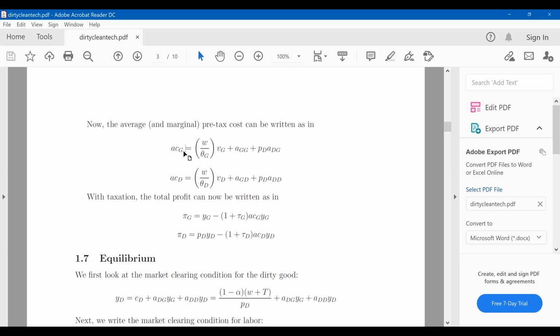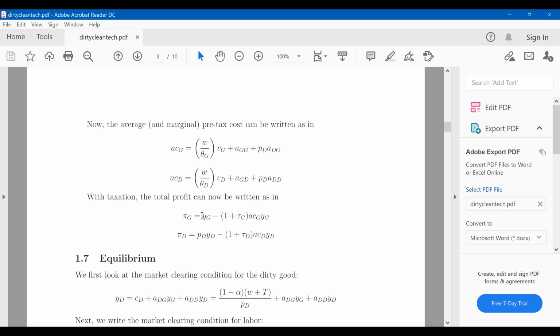Okay, but now profit will be written in this way, right? So this is now after tax cost. Okay, because the taxation increases the costs, the total costs paid by the firm. All right, so for the green firm, we have the total revenue, right? Total revenue is price times output.